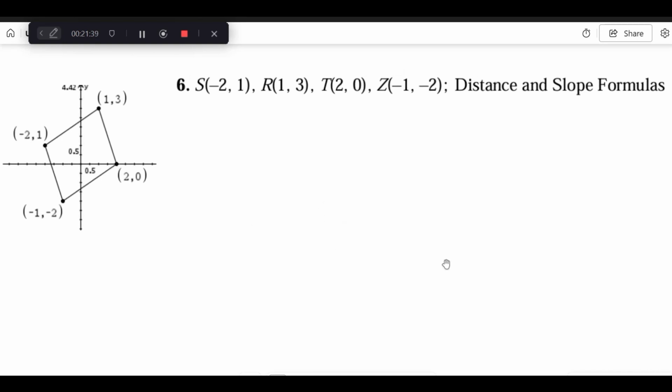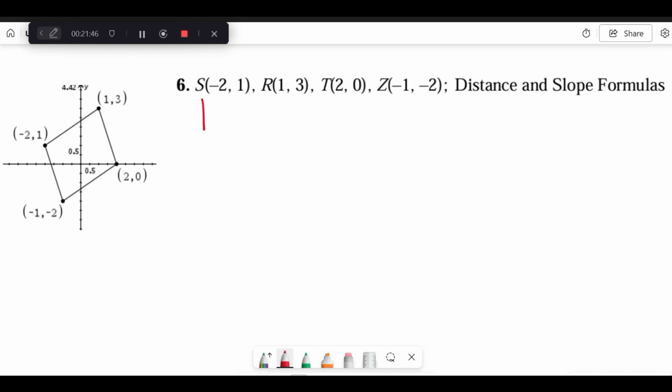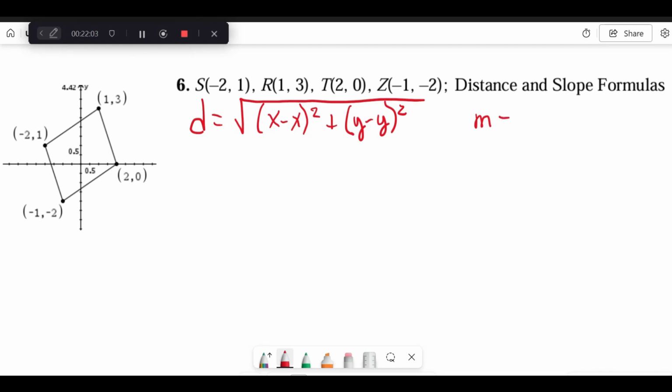So let me write those formulas down real quick. The distance formula is equal to the square root of x minus x squared plus y minus y squared. And then the slope formula is equal to y minus y over x minus x.